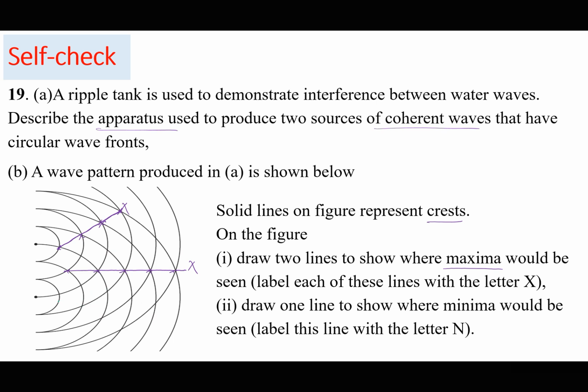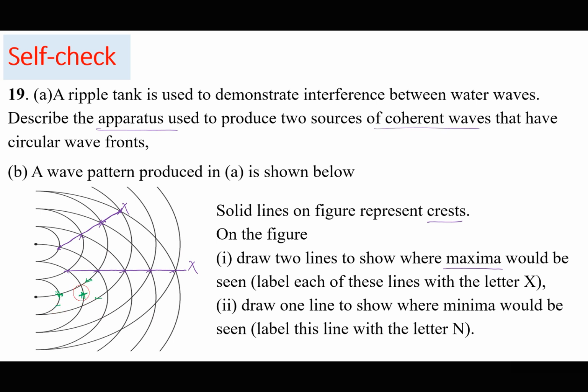Let's say I'm considering this as a wave. Between every two maxima, there's a minimum. So this is a crest of one wave, and this is its second crest. But between them, there is a minimum, there is a trough. So this one is a trough.